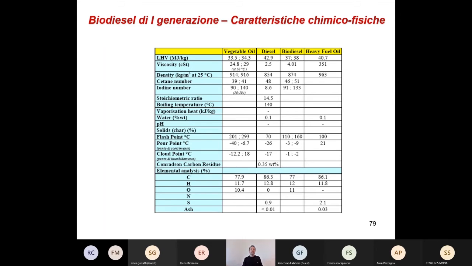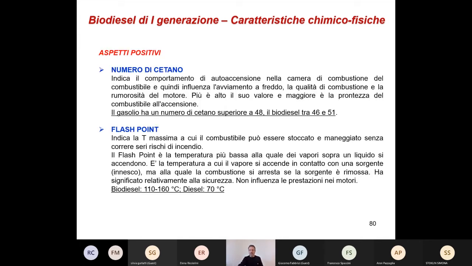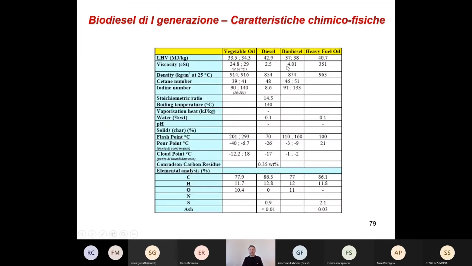Here we are speaking about approximately 10% of difference, and it's a very important element to consider. Lower is the vegetable oil energy content, which is around 33 to 34 megajoule per kilogram.